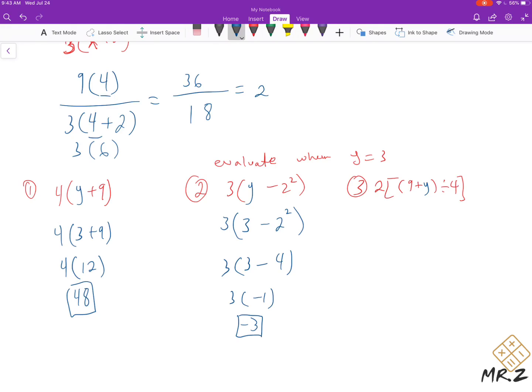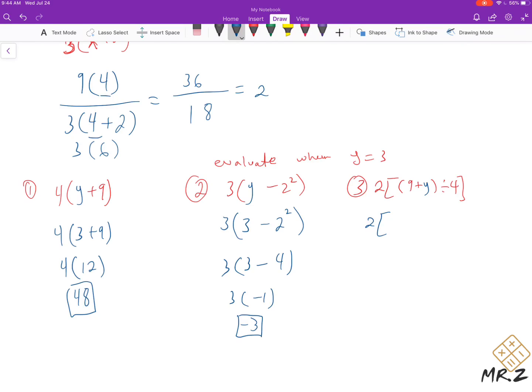Then anytime you multiply a negative by a positive, you get a negative. So 3 times -1, -3. And don't worry, as we move forward, we'll definitely practice with some integers, probably not as much practice as you've gotten before, but we'll do a little bit of that as well.